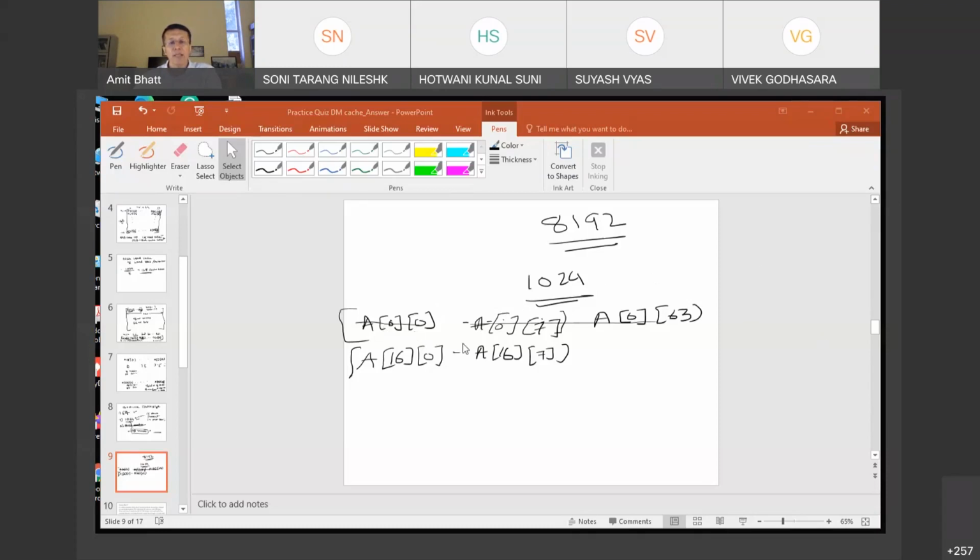Suppose I made this cache two-way set associative, but keeping the cache size constant. That means the cache size is still 1024 words, but I have made it two-way set associative. So basically my index size would be halved, right? Because there will be 2 tags per index. So my cache will shrink like this and expand like this, because total cache size is going to remain constant, 1024 words.